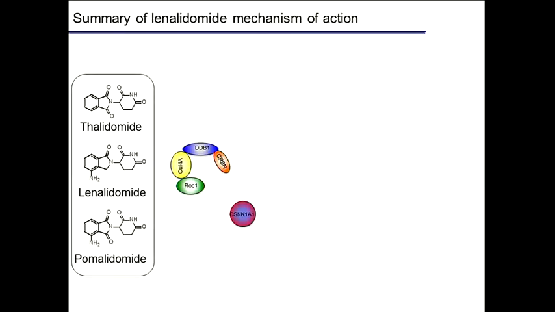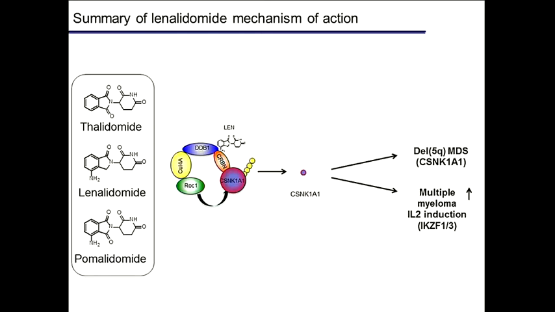So this is our mechanism now: lenalidomide binds to cereblon, and in the presence of the drug that increases the affinity for casein kinase 1 alpha as well as IKZF1 and 3, resulting in ubiquitination and degradation of those targets, and their efficacy in del(5q) MDS as well as multiple myeloma.